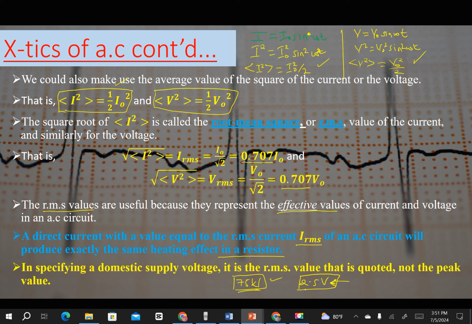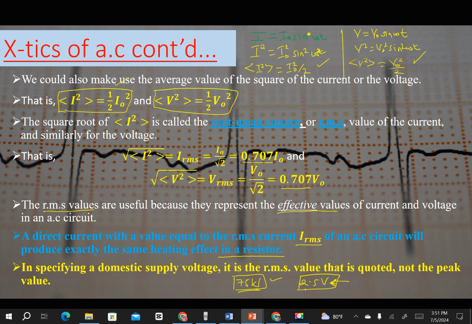That's why I said the root mean square values link the DC values to the equivalent alternating current values.